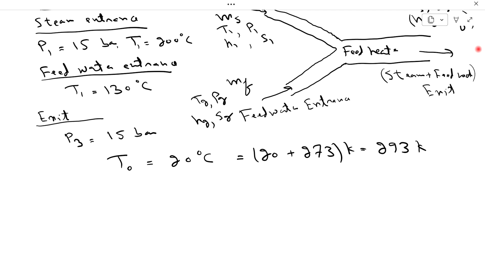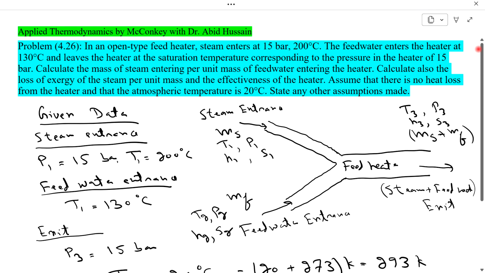Now the required data. First, calculate the mass of steam entering per unit mass of feed water. The mass of steam entering is ms and the mass of feed water entering is mf.